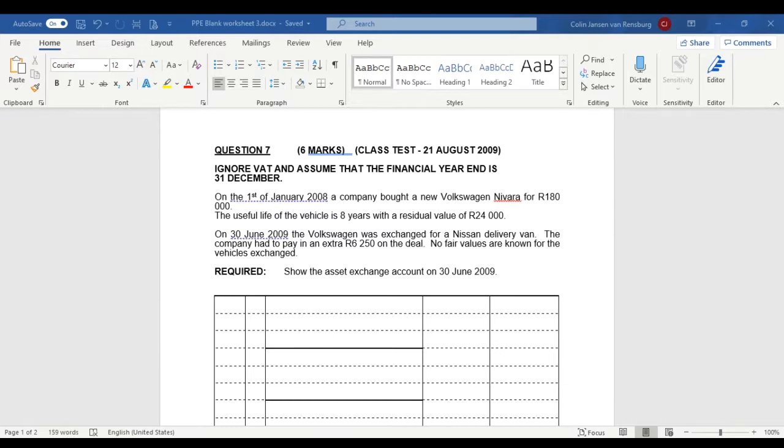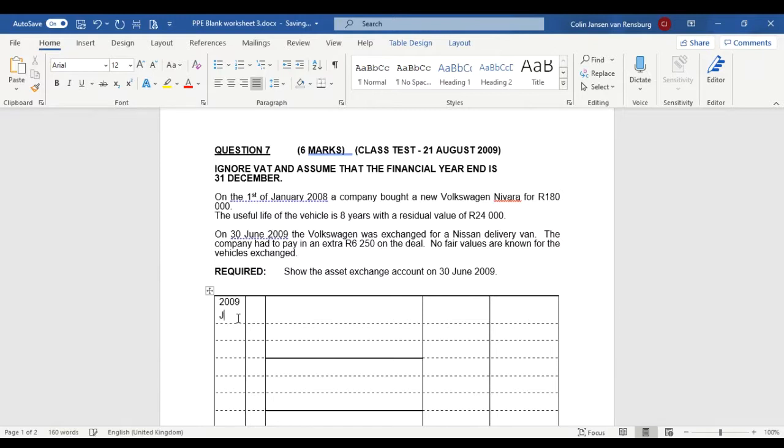Okay, so now we've got to go and recognize the new asset. So what description are we going to start the name of this account? Let's maybe give it the full name. Let me just start the dates there. So this is 2009.